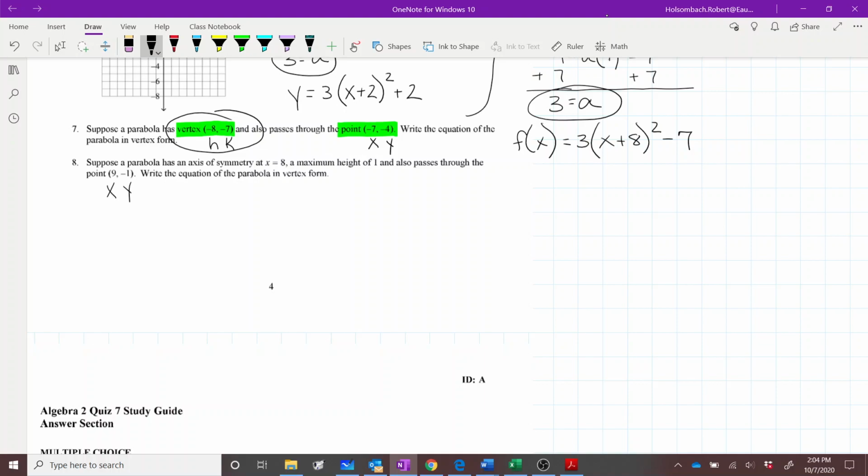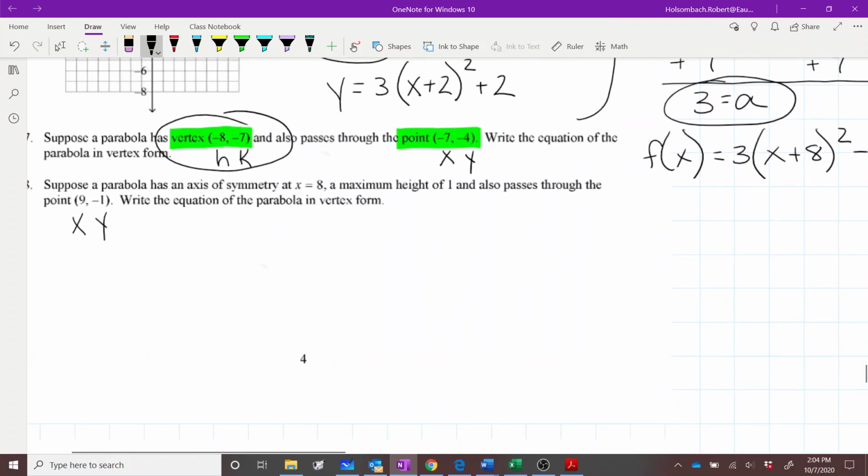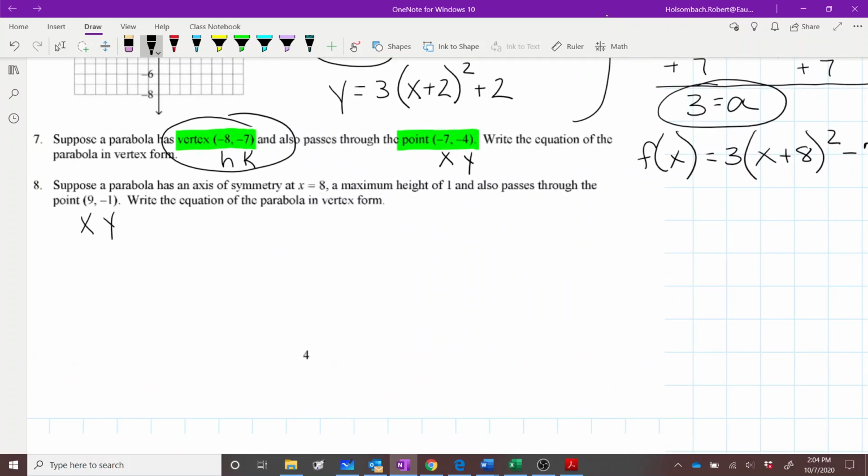Remember, the axis of symmetry that we've been talking about all week. Your axis of symmetry in this case is x equals 8. Well, then the x value at your vertex has to be 8.